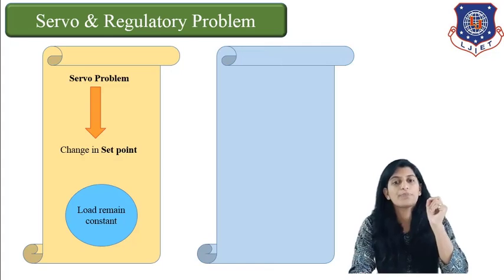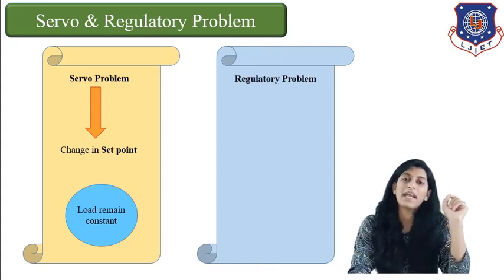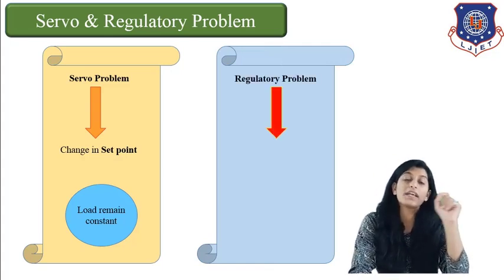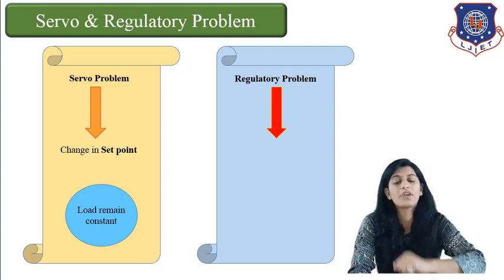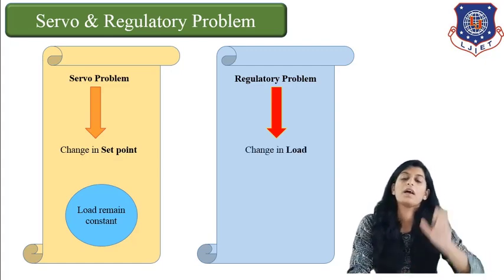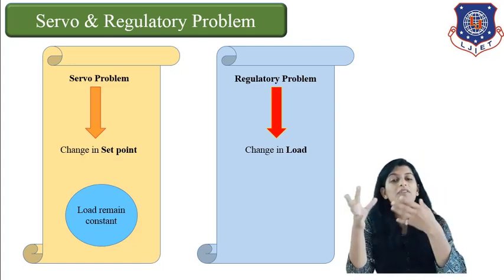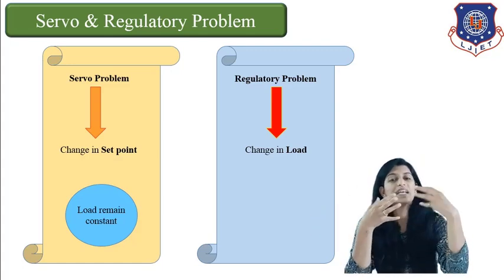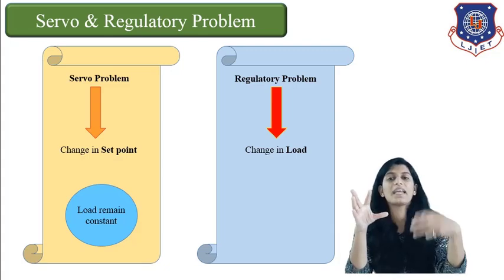Next category of problem is regulatory problem. In case of regulatory problem, there is a change in load. Outside disturbance is changing again and again.